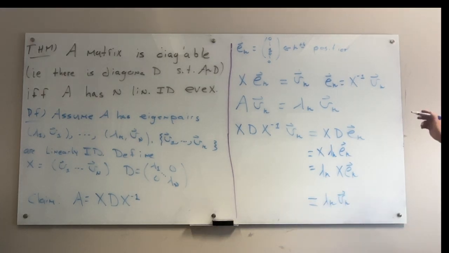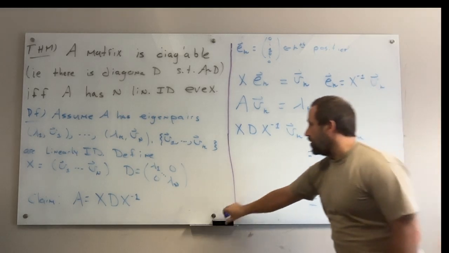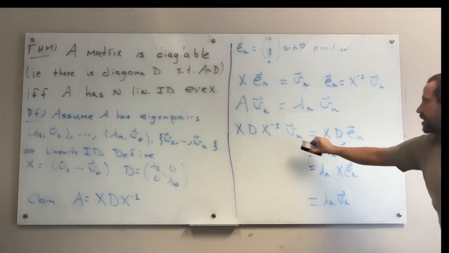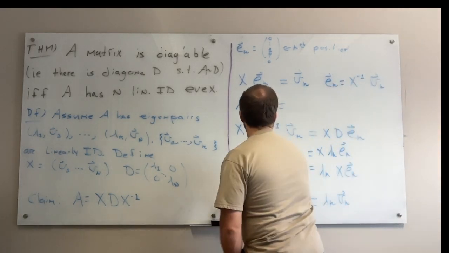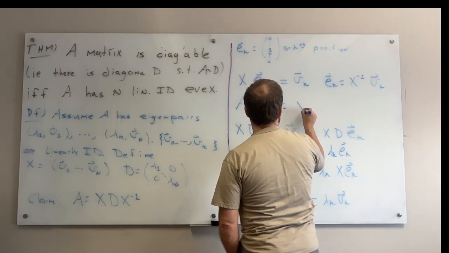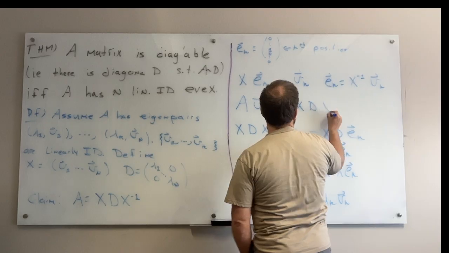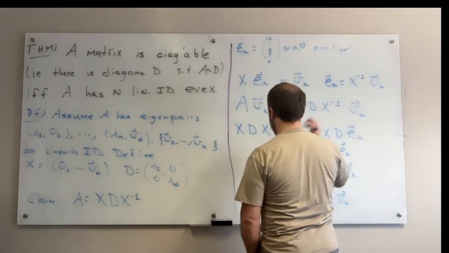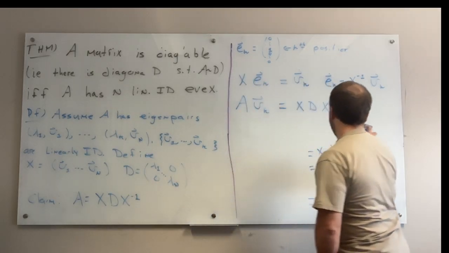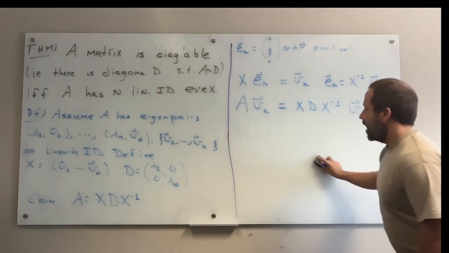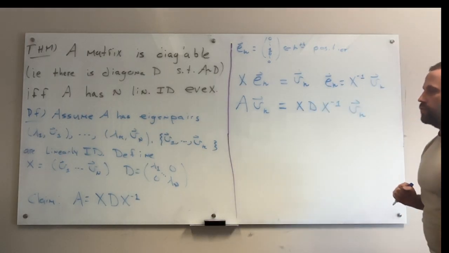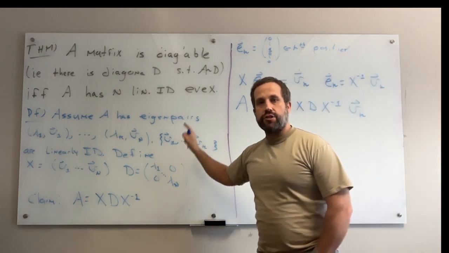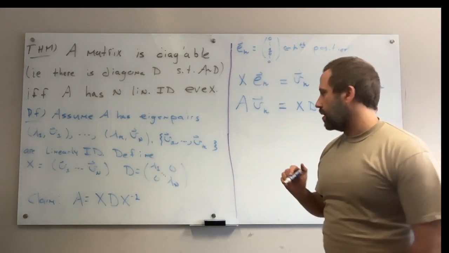All right, so what we've just shown is that A times VK is equal to X D X inverse VK, and this is for all of the vectors V1 through Vn. Now, V1 through Vn, there are n of them, and they are linearly independent, so they form a basis for Cn.